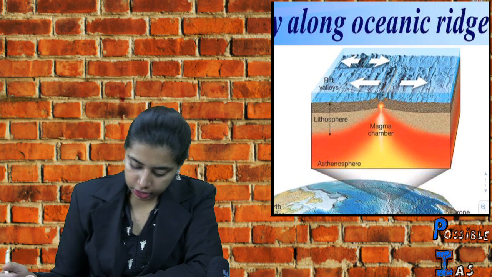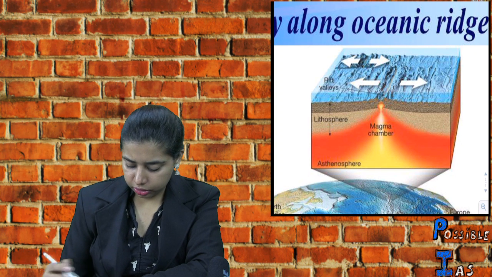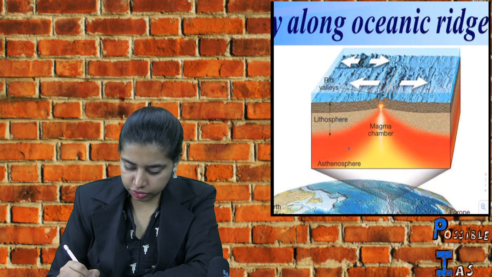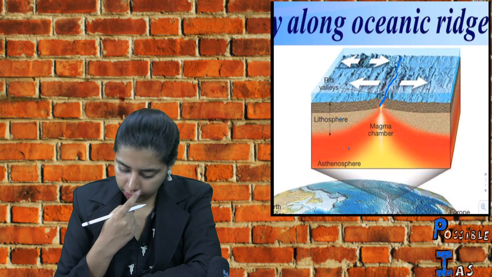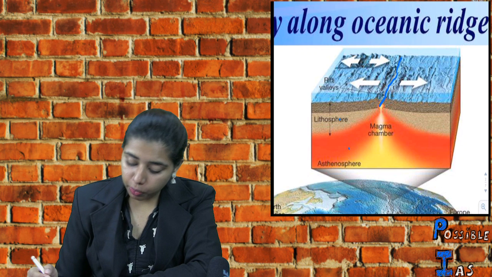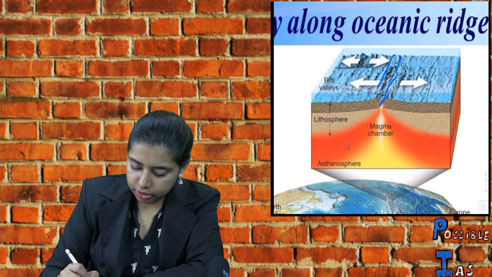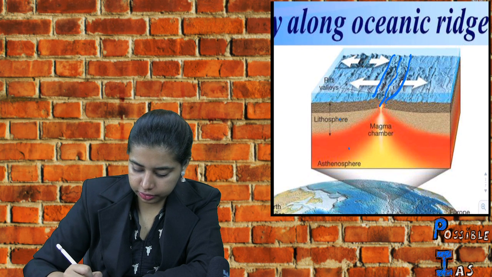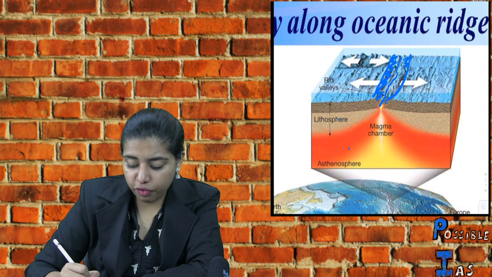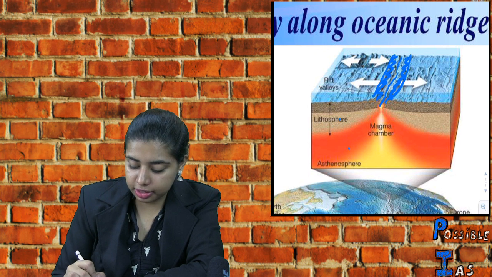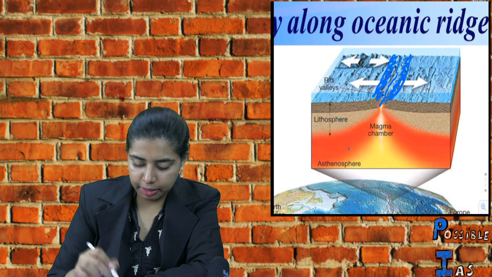Now you see here, this is the asthenosphere, this is the lithosphere, and this is the region where the crust is opening up, the ridge portion. Now what did they see in the drilling part? That this portion, the fossils formed here, and by radiometric dating and everything, they found that this portion is of the same age.